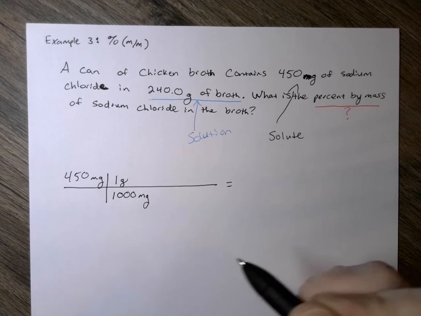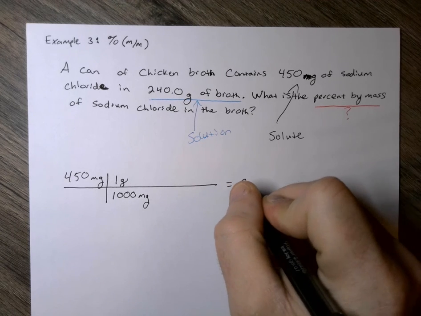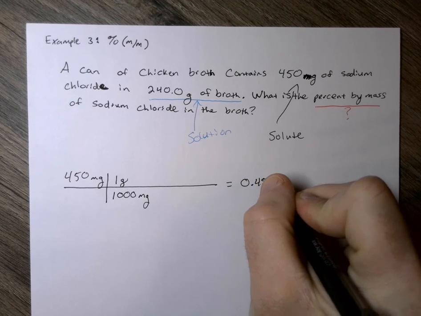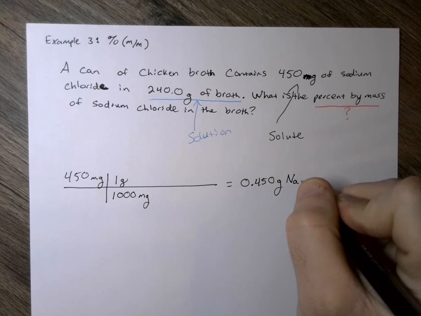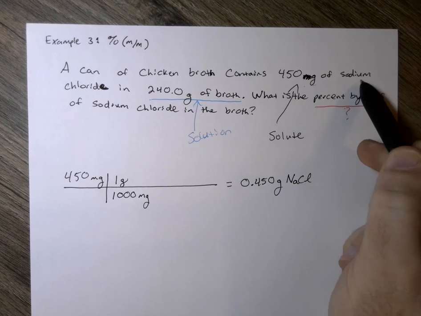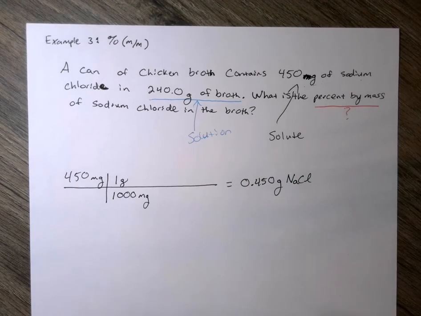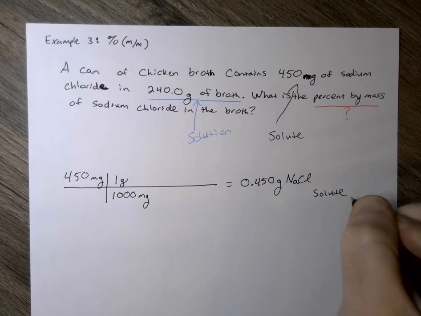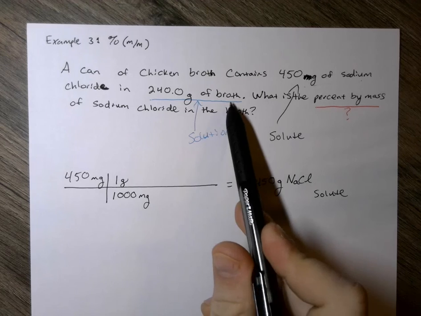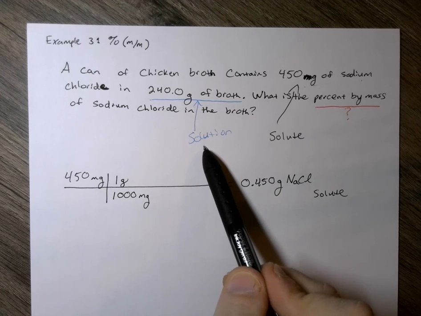If I take 450 and I divide by 1,000, that gives me 0.450 grams. Now this is of sodium chloride, because that's what it's telling us up there. So that's how many grams. That's my solute. It's not telling me solvent, it's telling me solution, the total solution.